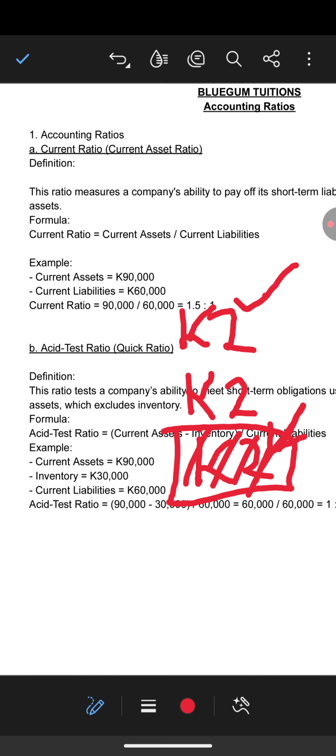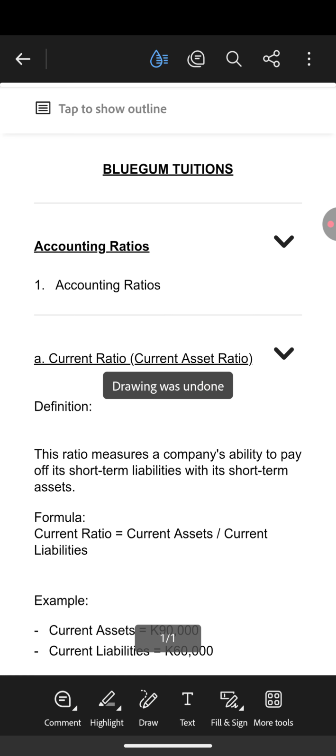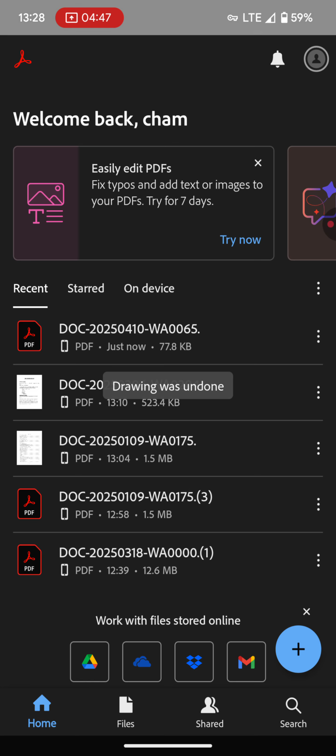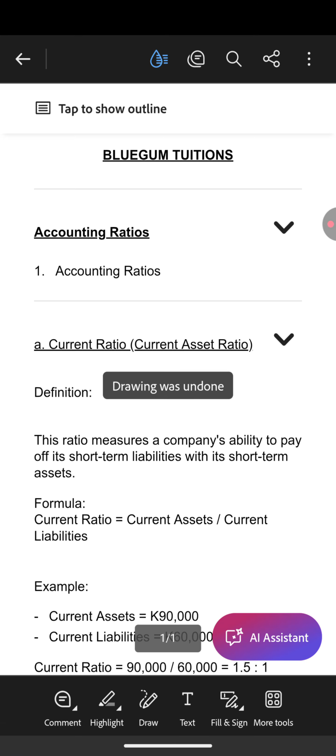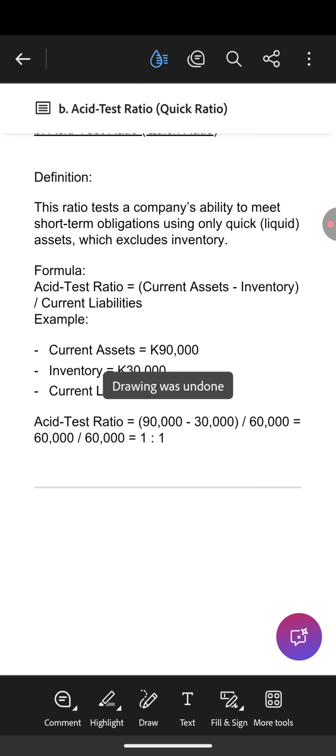You just concentrate on the cash and the people who are supposed to pay you back, and see if you can use this to pay back people you owe money. So that's how the acid ratio works.